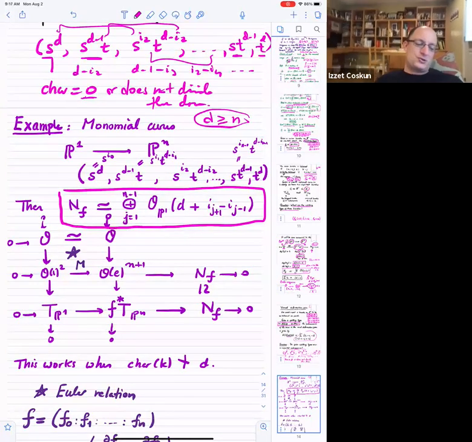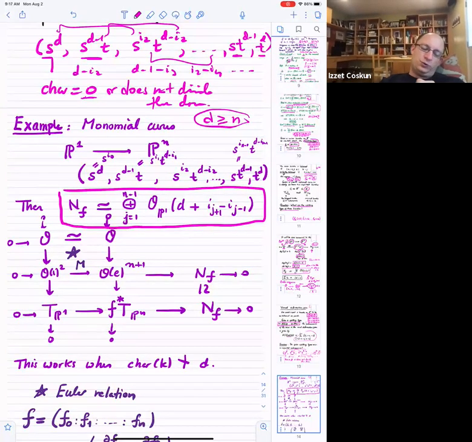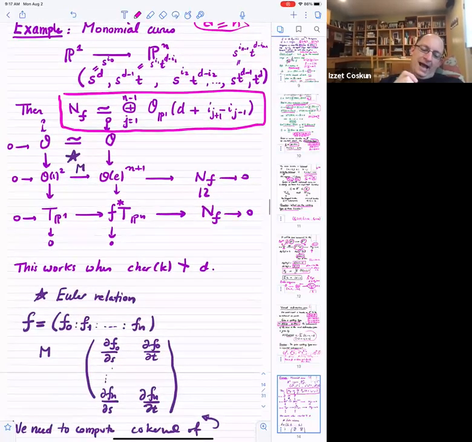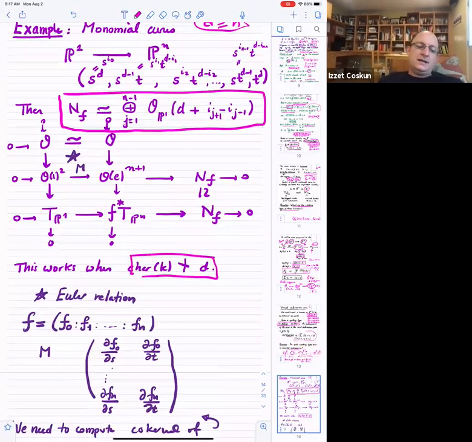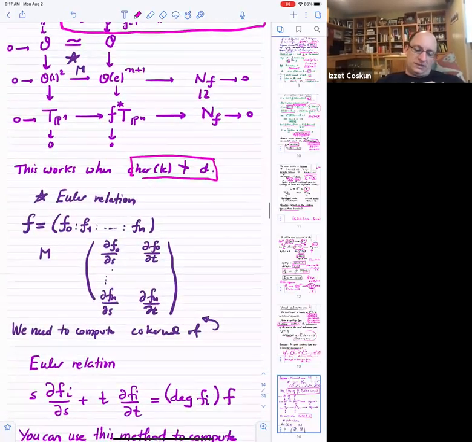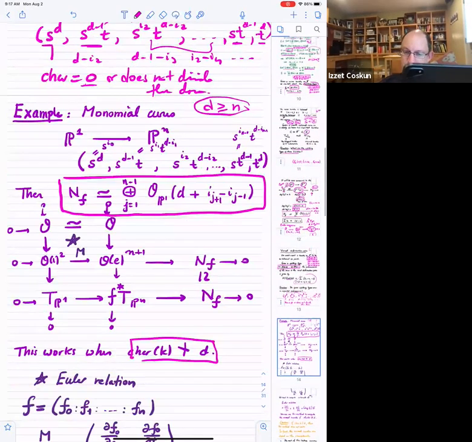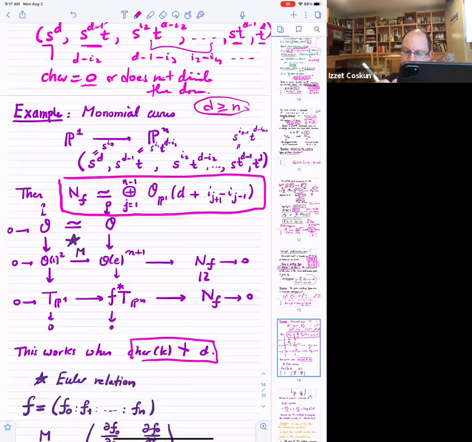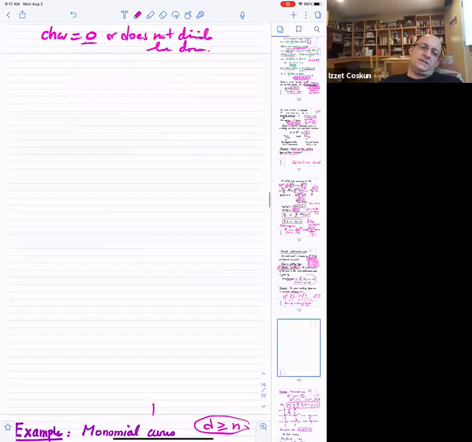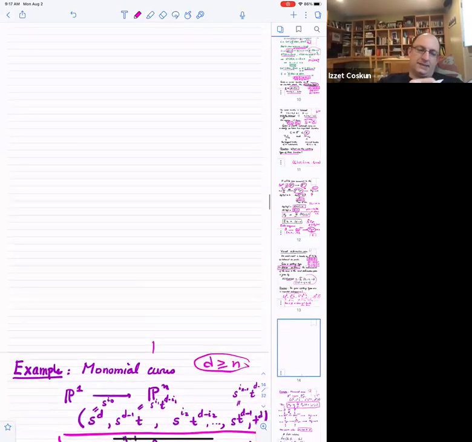So here I'll show you a useful way to compute. Again, whenever the characteristic does not divide d, you have exact sequences. Let me rewrite this exact sequence.